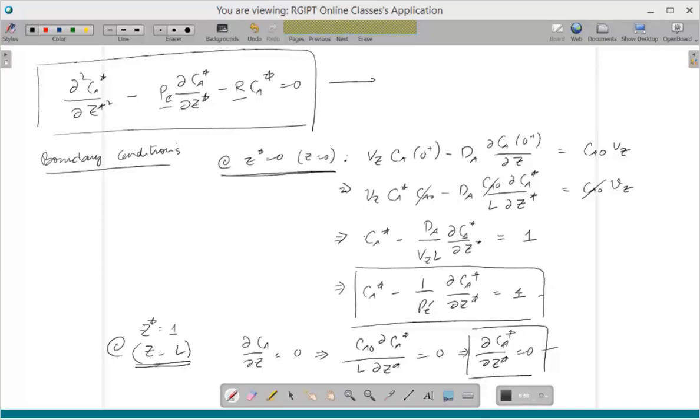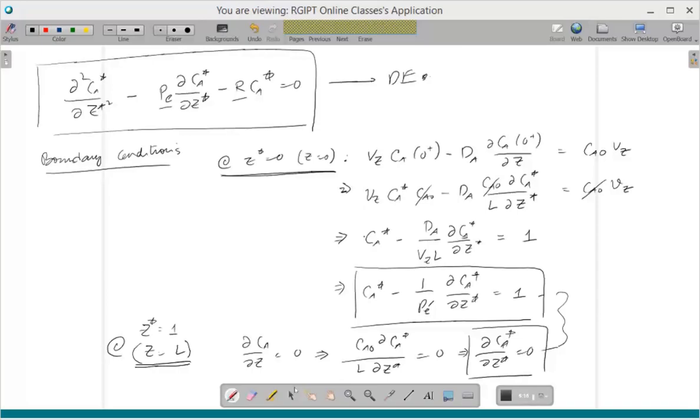Now everything is expressed in non-dimensional quantities, both the differential equation and the boundary conditions, and we try to solve for C star in terms of z star.